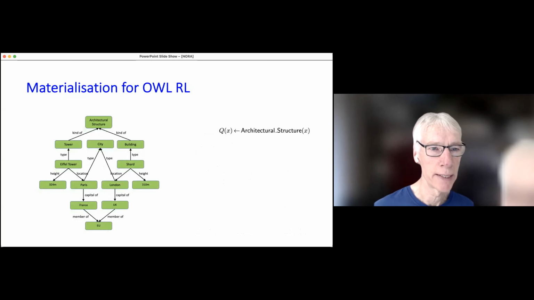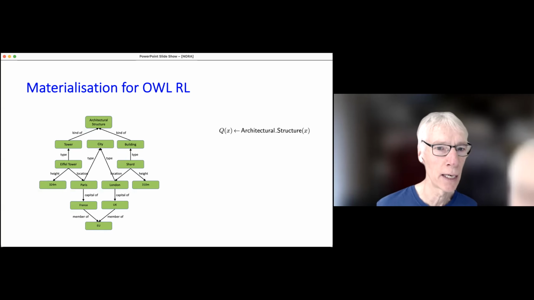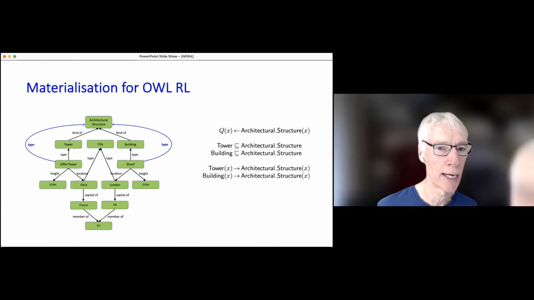Moving on to materialization. So this takes the sort of opposite approach. Instead of expanding the query using sort of backward chaining over the ontology rules, it expands the data using forward chaining with the ontology rules. So if I want to answer the same query here, what I do is I treat the axioms as in this kind of rule form here, and I do sort of forward chaining over these rules, which is actually called the chase in Datalog.